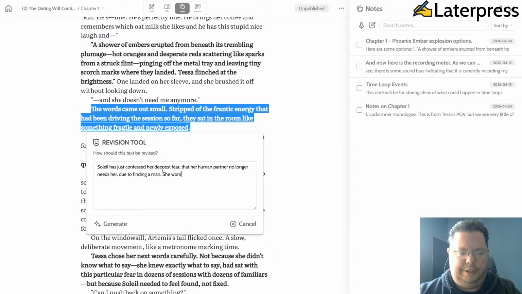She worries she no longer has purpose and will soon be set aside.